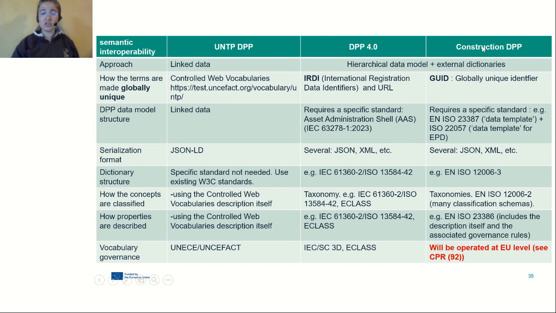These two approaches use a hierarchical data model plus external dictionary approaches. I've already mentioned how the terms are made globally unique. Here I listed all the standards that are needed to describe the data model structure and the dictionary structure, the concepts classification standards, the property description standards, etc. There are different sectors, and so they use different standards in order to do all of this.